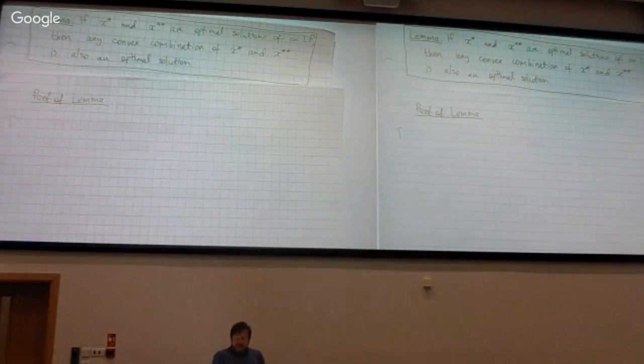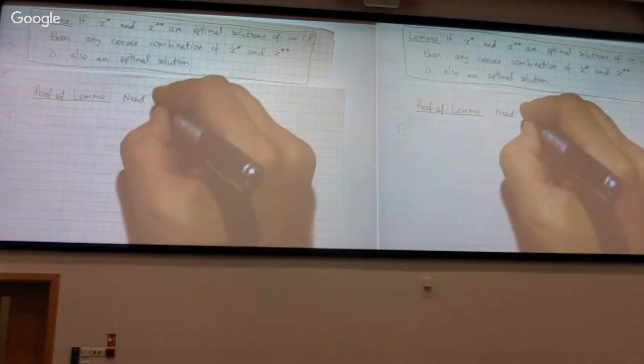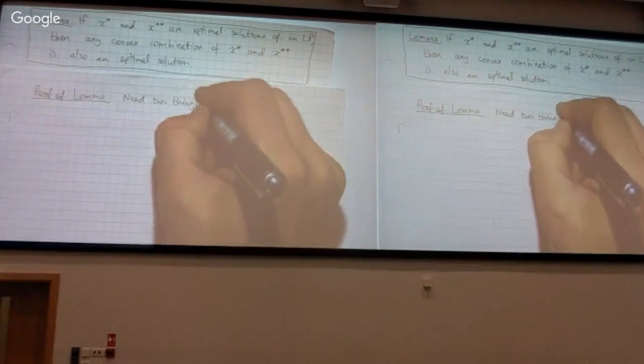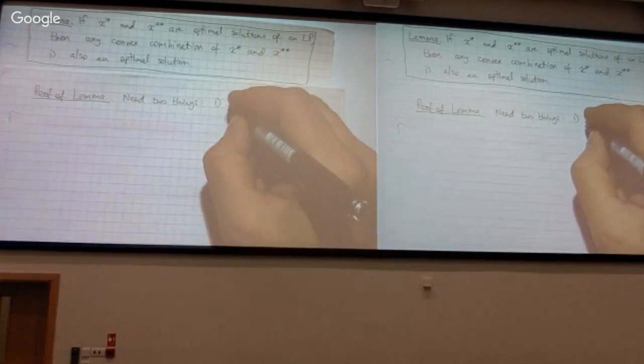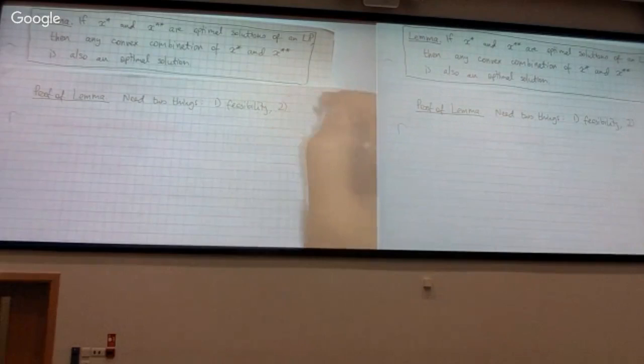And the second thing is that it's optimal, so it has as good a value of the objective as the optimal solution. So we need feasibility and optimality.